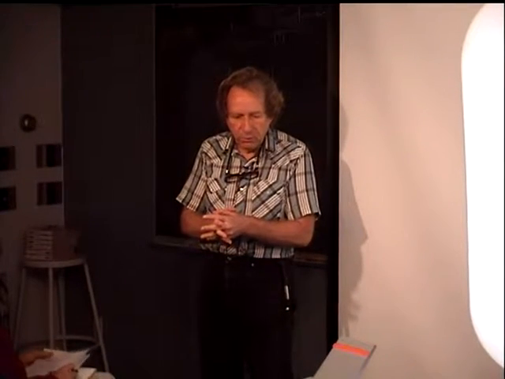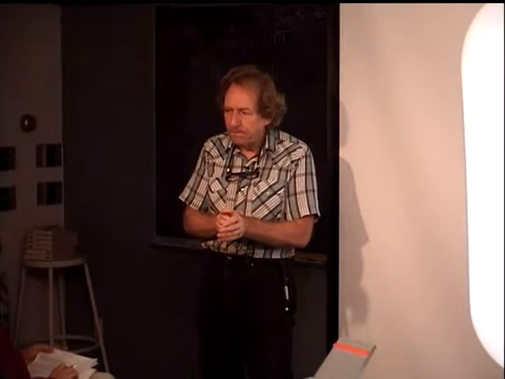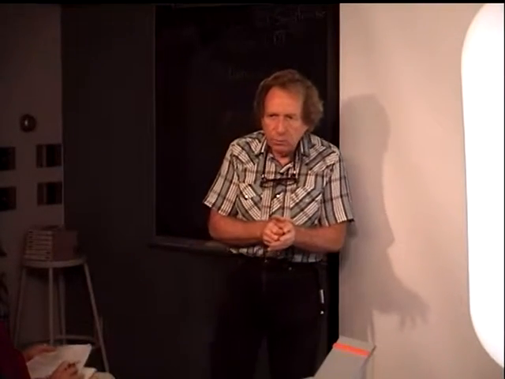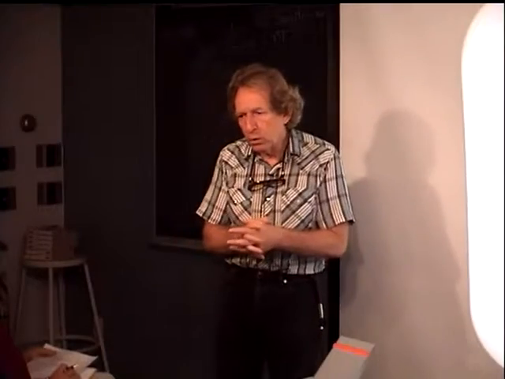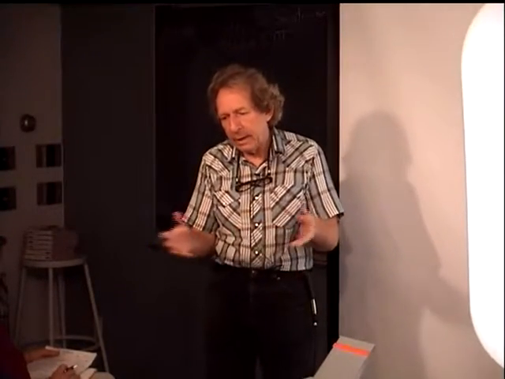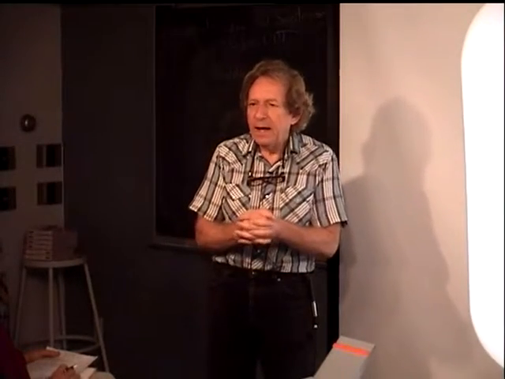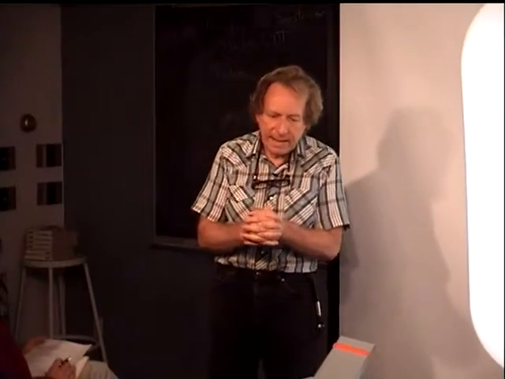So the first thing we're going to get is what some astrologers call true local time, or some astronomers call it, astronomers have their own perversities, local mean time. All right.